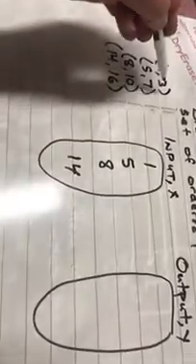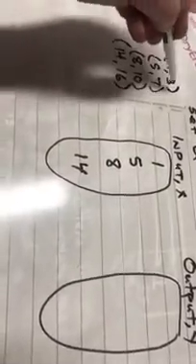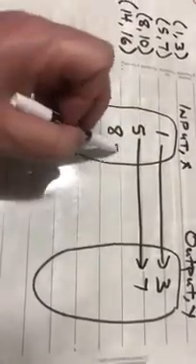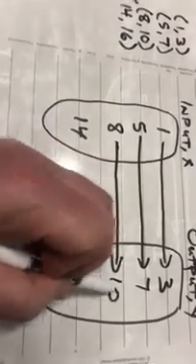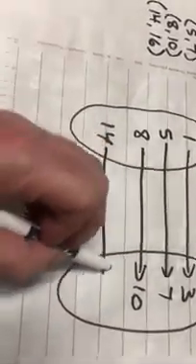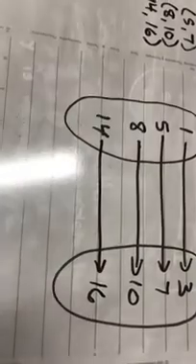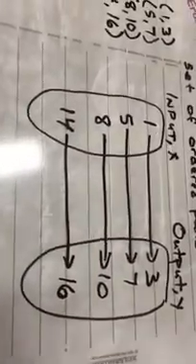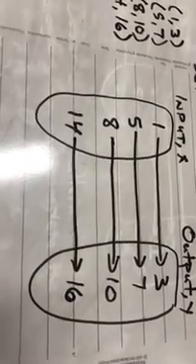So I think I'm just going to keep it as 3, 7, 10, 16, because they're in least to greatest order. And 1 would go with 3, 5 with 7, 8 with 10, 14 with 16. So there'd be no crossing at all. So I'm going to go ahead and go 1 to 3, 5 to 7, 8 to 10, 14 to 16. There we go. And there I have a mapping diagram.